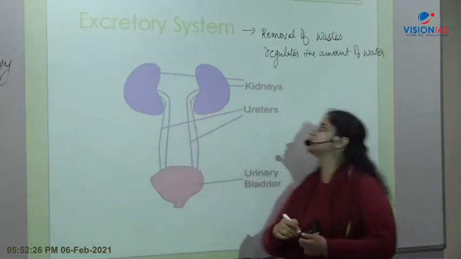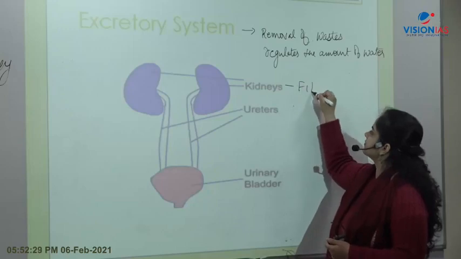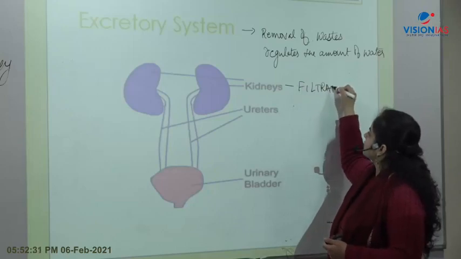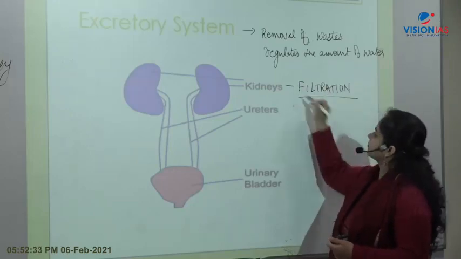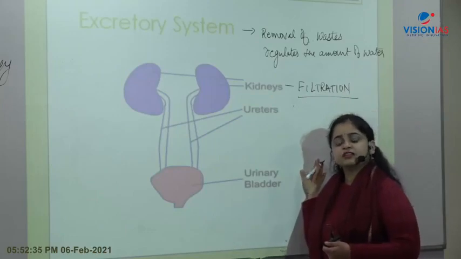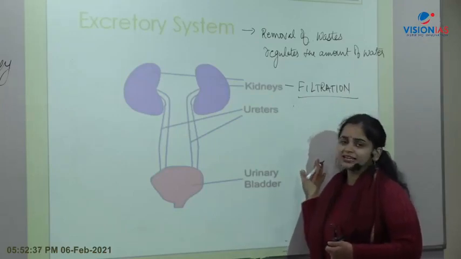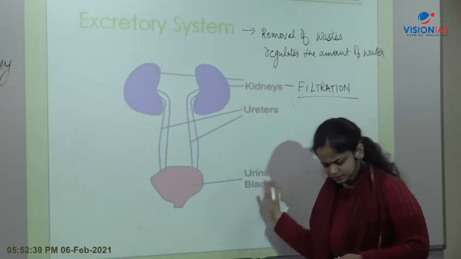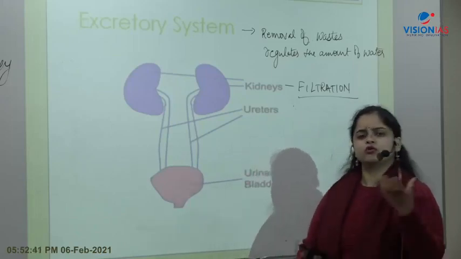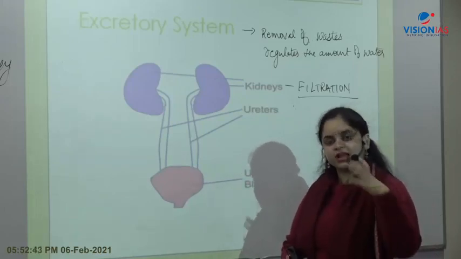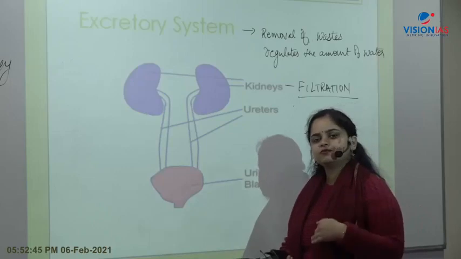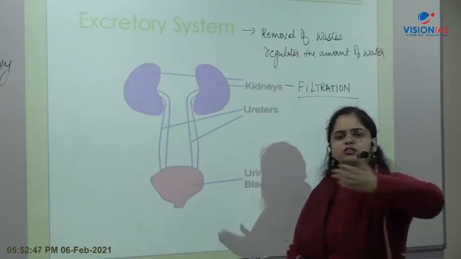Now the kidney's role is filtration. So the kidney will filter. Filter is a term which you normally understand. What do we do when we are filtering anything? We keep some things and we remove what is not needed.